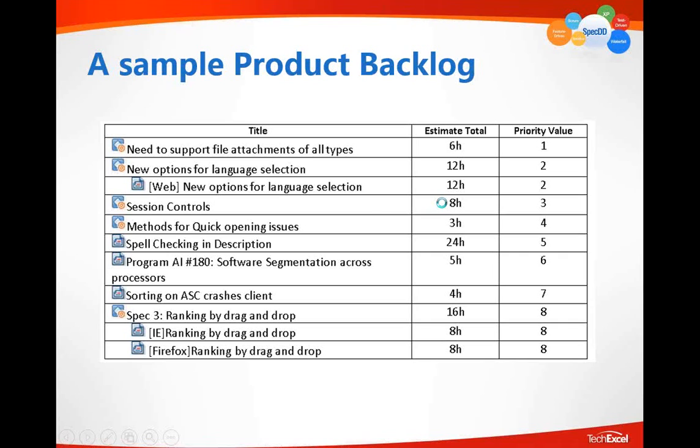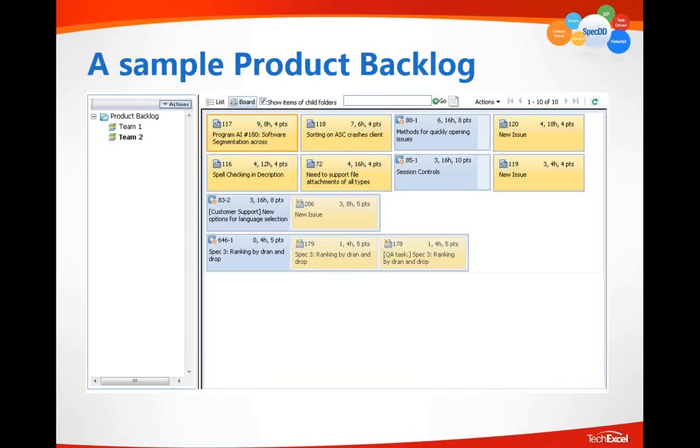So this is a graphical way of representing the product backlog, where items are prioritized, whatever the priority value, like 9, 7, 6, 4, 4, 3, 3, 3, 3.